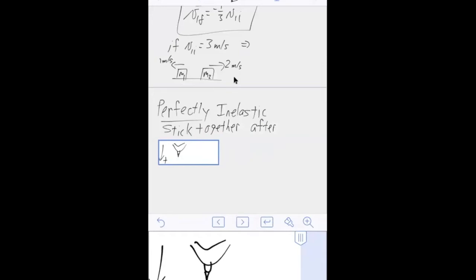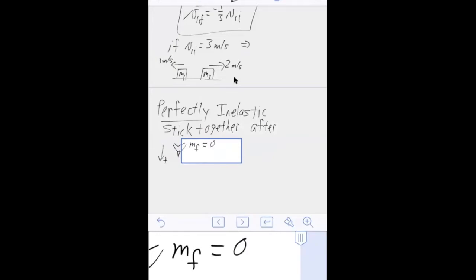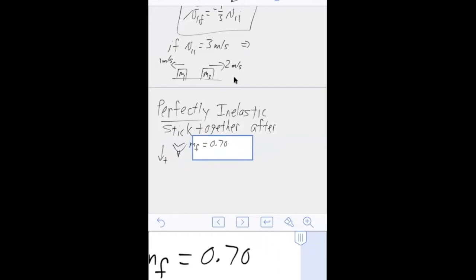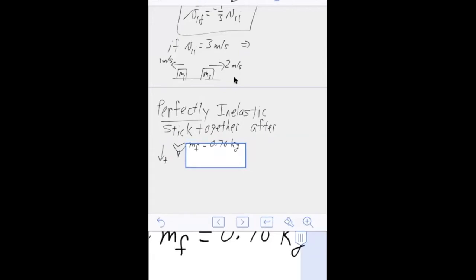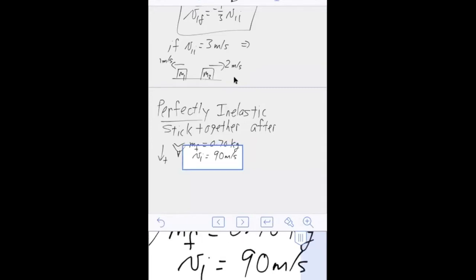The falcon is moving initially downward. The mass of a male peregrine falcon, which is actually smaller than the female, is 0.7 kilograms. And the initial velocity that we'll take here is 90 meters per second, so about 200 miles per hour, the top speed in a dive.